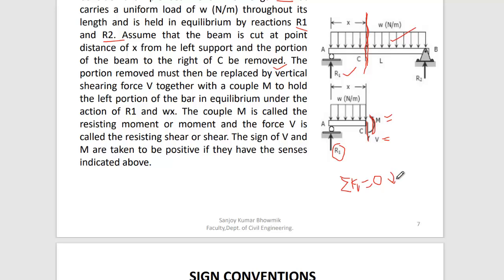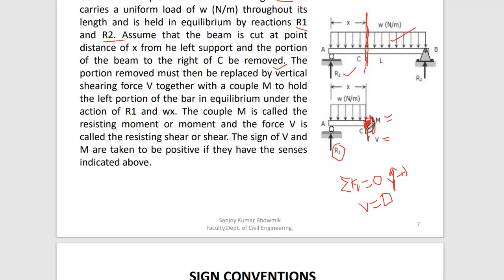If you consider vertical upward positive, you can get the value of V. Again, if you take moment at point C, you can calculate the value of M. I think that is better.